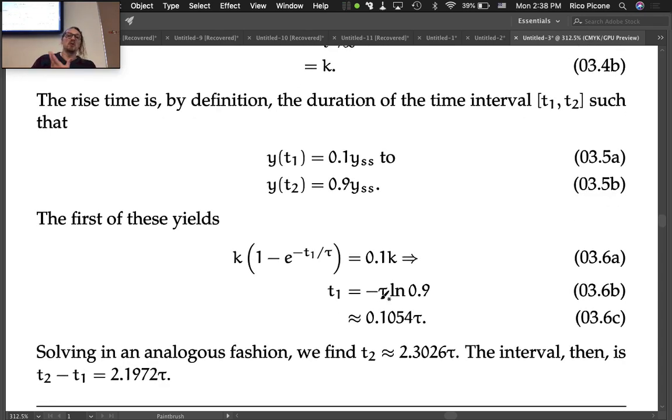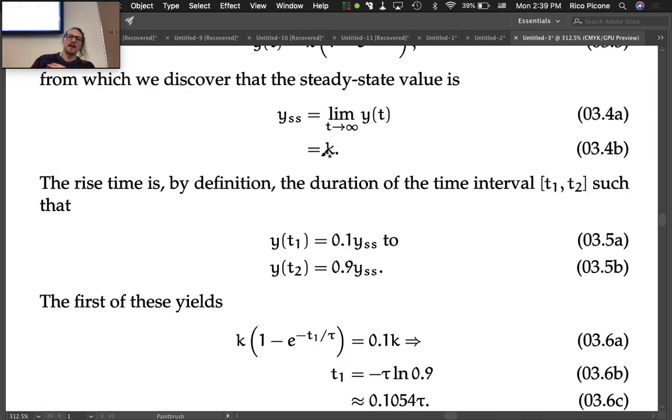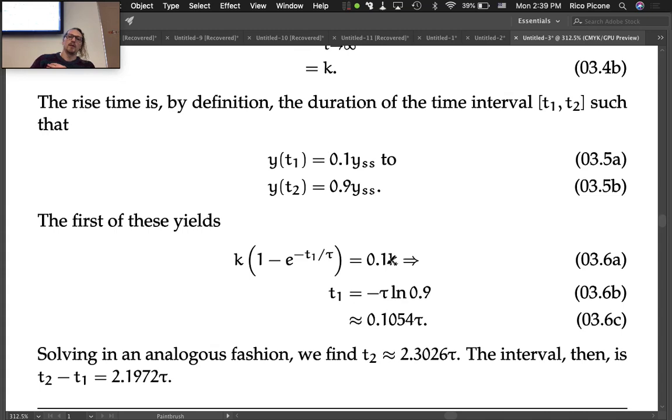So we just plug in and get some equations here. If we plug in 3.5a, so that's the 10% value, we have the steady state value, so we can plug that in, 0.1 times k, and we plug in t1. We solve for what t1 should be, and t1 is about 10% of the time constant, of one time constant.